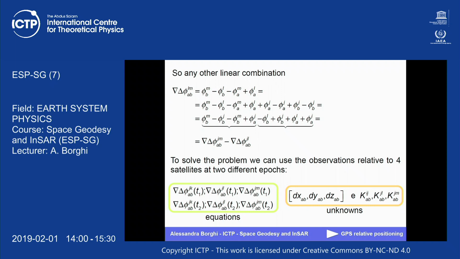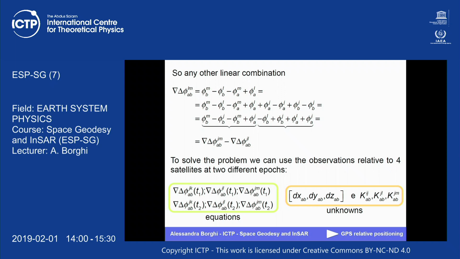So given this situation, 2 receivers and 4 satellites, the number of independent equations is equal to 3. And the other combinations between satellites and receivers are a linear combination of these 3 independent double differences. So we have just 3 observations at the given time, but we have 6 unknowns.